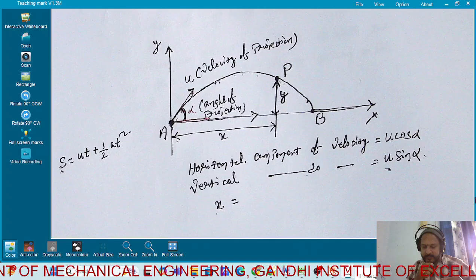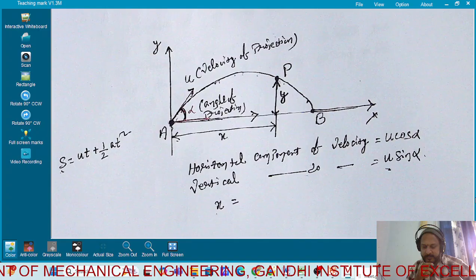Just now I told you the horizontal component of the velocity is remaining constant. In the previous PPT, I have shown you. When the velocity is constant, uniform velocity, what will happen to the acceleration? Zero.